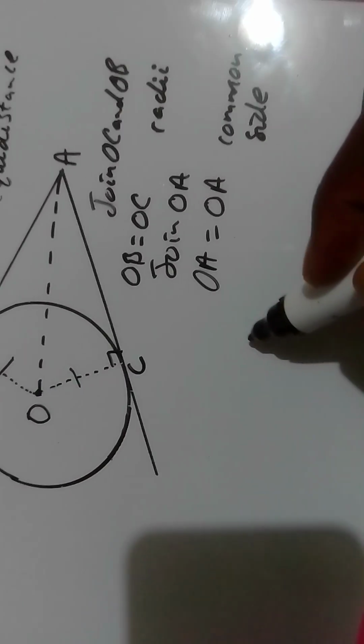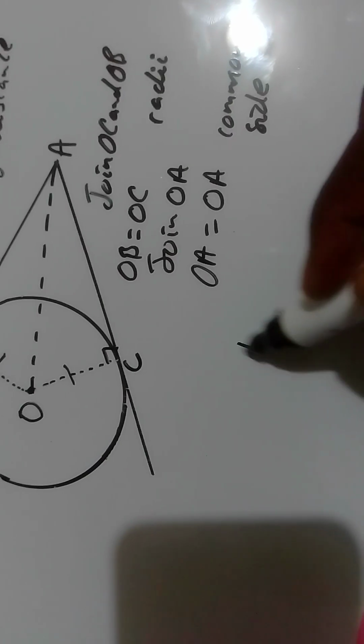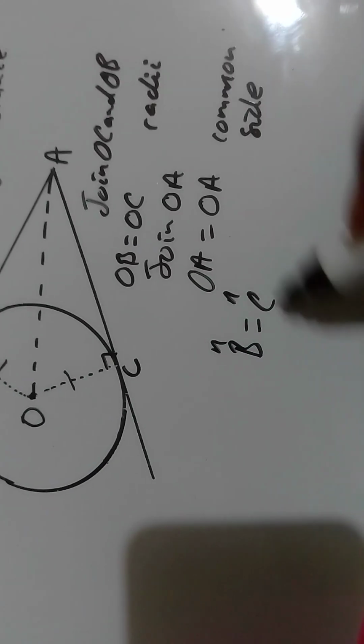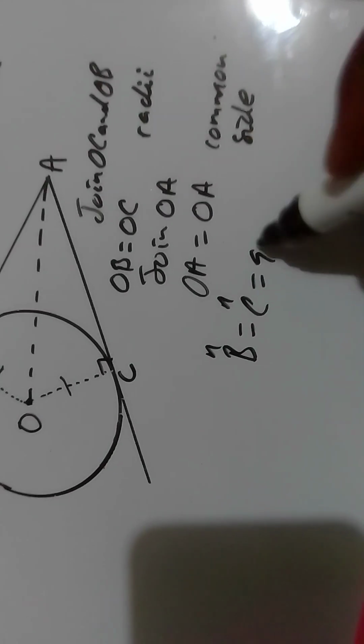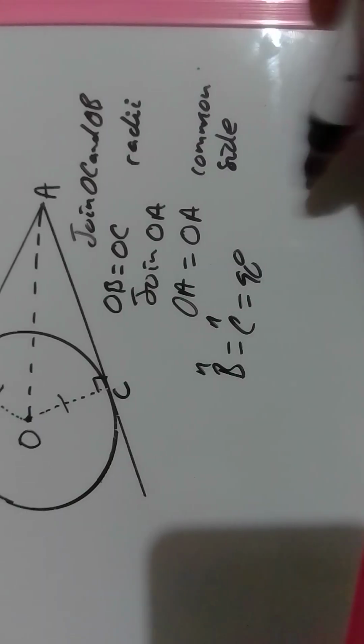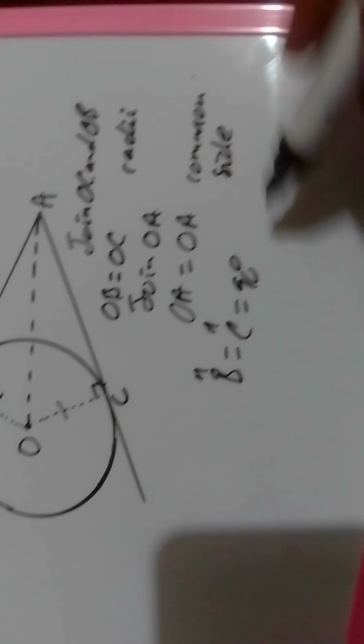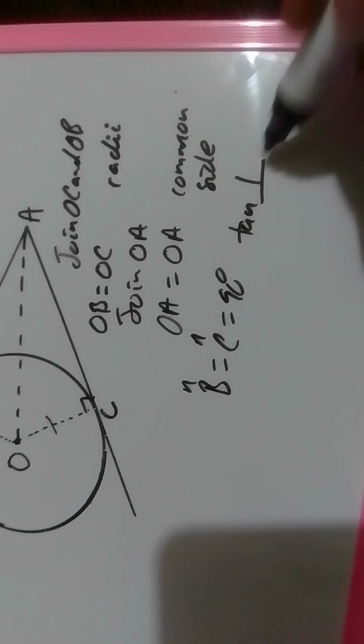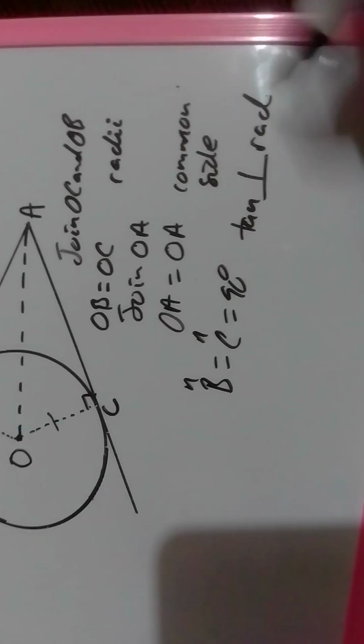So I write angle B is equal to angle C, which is equal to 90 degrees. And then my reason, I say the tangent is perpendicular to the radius.